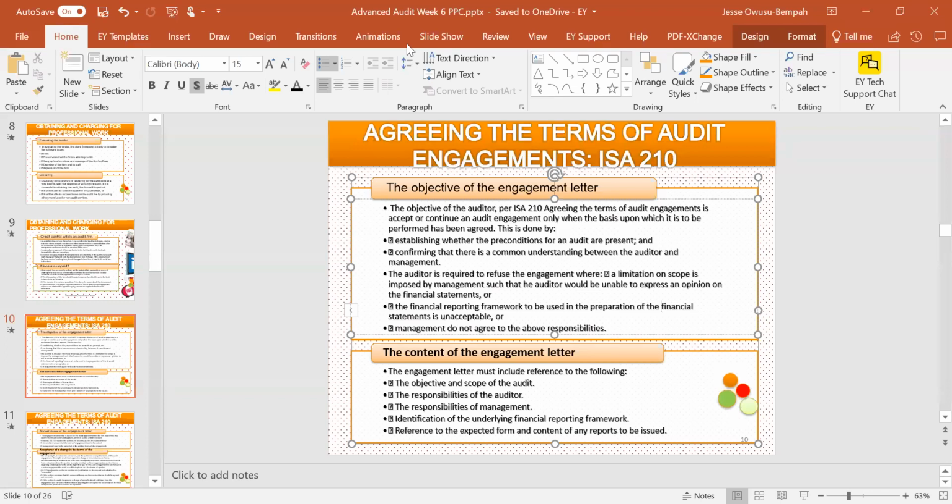Okay, let me see some of the responses we have here. Management. Okay, that's absolutely correct. That's a trick question, so I wanted to be sure everyone has it at the back of the mind. Any questions on this slide before I move on? Any questions on this slide? No, sir. Okay.